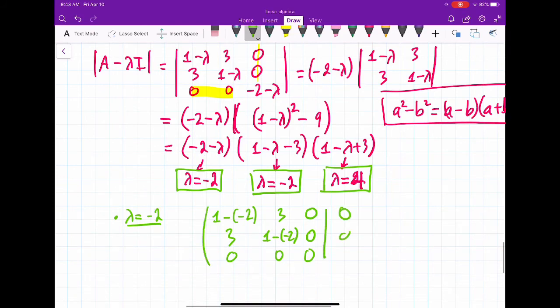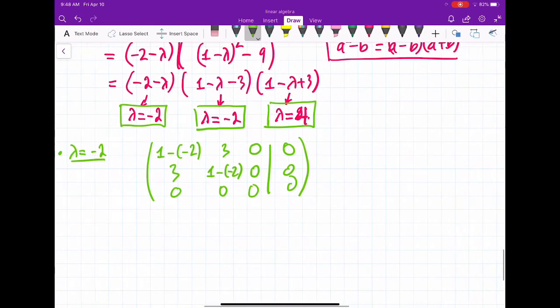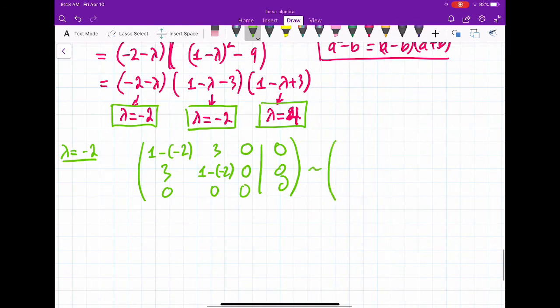This is equal to 0, 0, 0. And this is 3, 3, 0, 3, 3, 0, 0, 0, 0. So basically this system is equivalent to one equation, right?